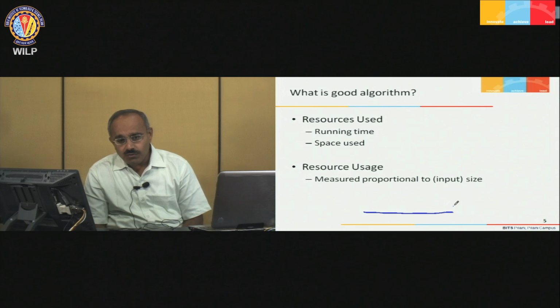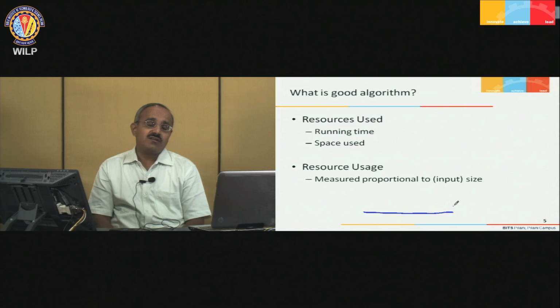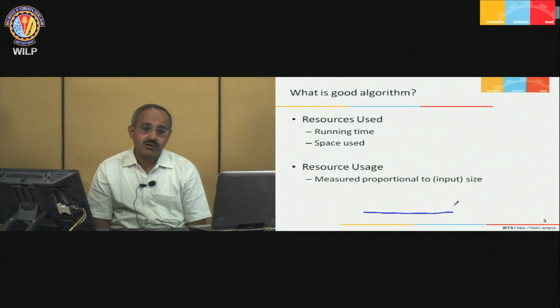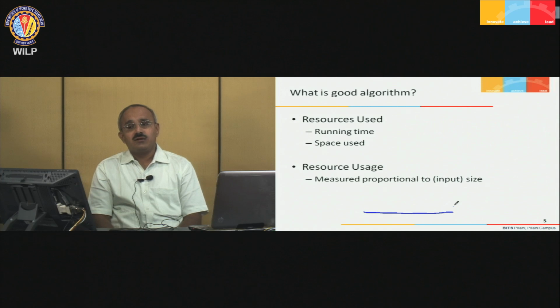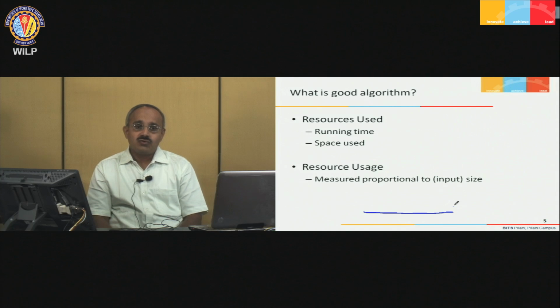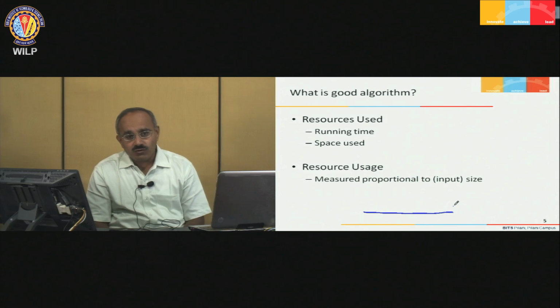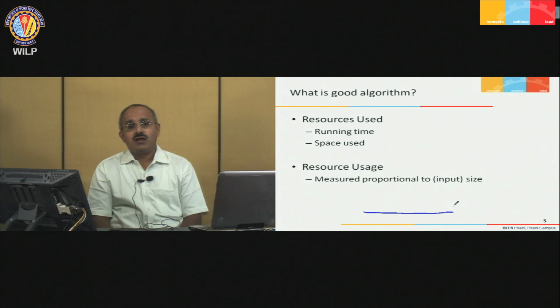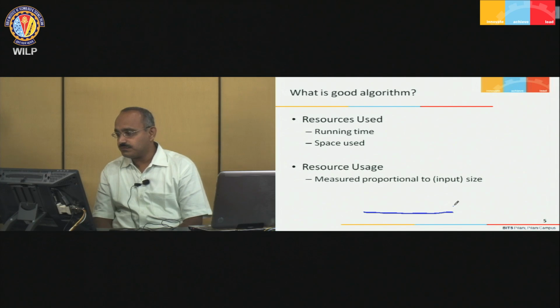So, when we are talking about a solution, we also know at the back of our mind that the solutions are something that we are going to try to implement using machines. So, the goodness or the betterness metrics that we are going to use should be in terms of the machines that are going to implement these applications.